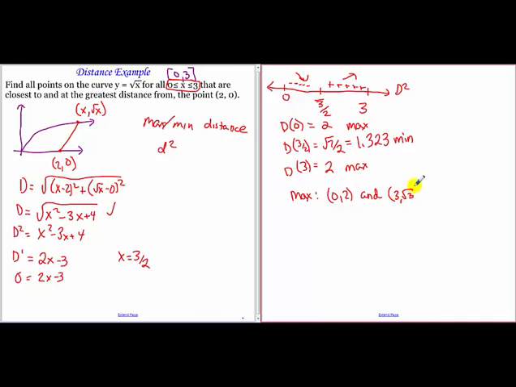The point for our min was 3/2, and then the square root of 3/2. Now what I'm actually doing is I took these critical points, the two endpoints, and our critical point in the middle, and I plugged those back into the original function because I needed to find the points on the curve.